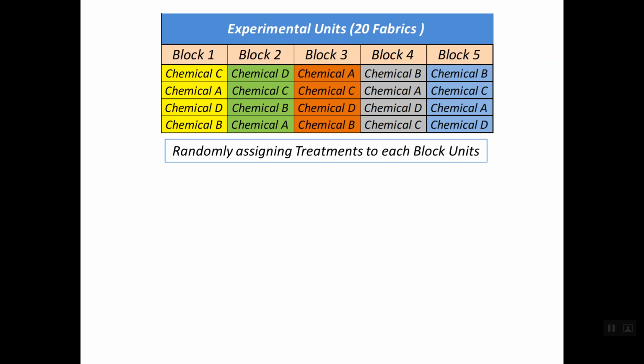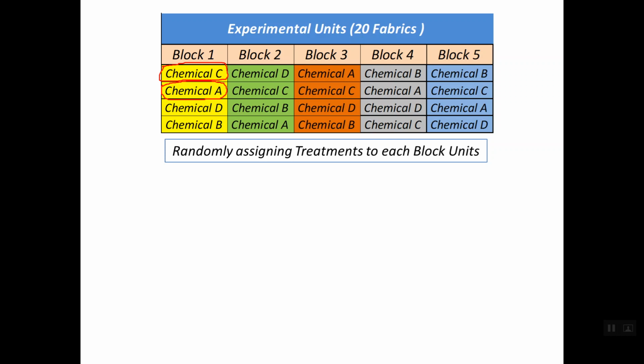For example, for block 1, the first fabric here, by random assigning, will be treated using the chemical C, while for the other fabric inside block 1, this fabric will be treated using the chemical A, etc. So this is the meaning of the random or the completely randomized.